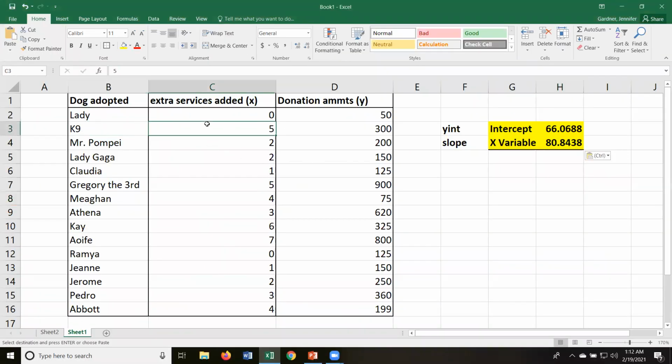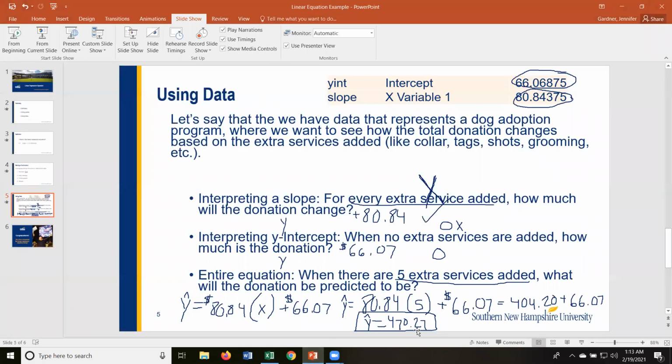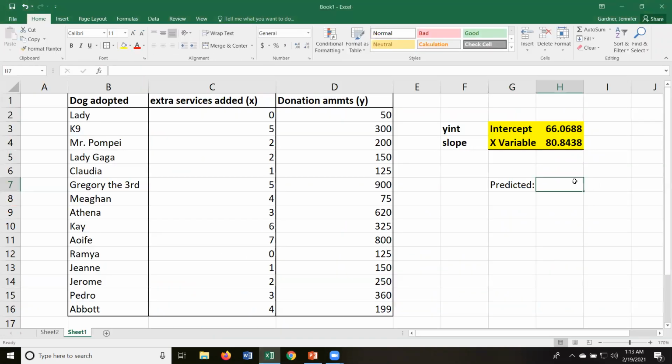This person who adopted K9 donated $300. So we said we predicted that they were going to donate, based on the equation, 470.27. That's what was predicted. But the actual was 300.